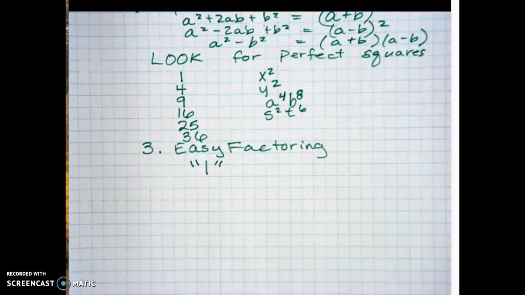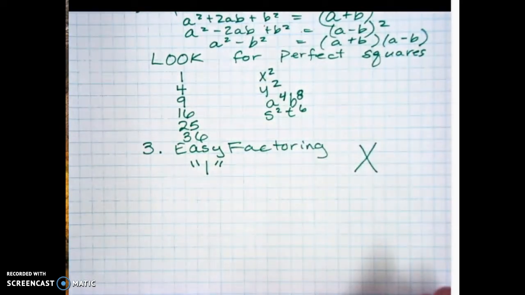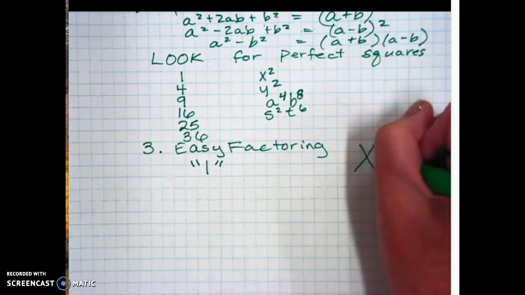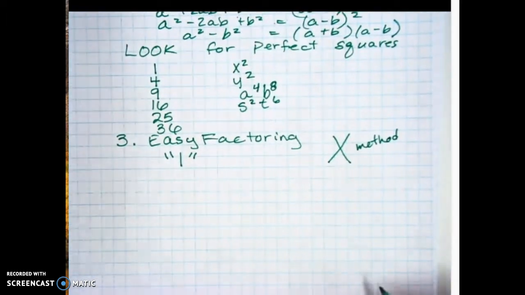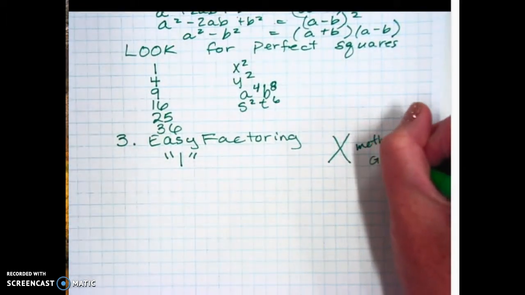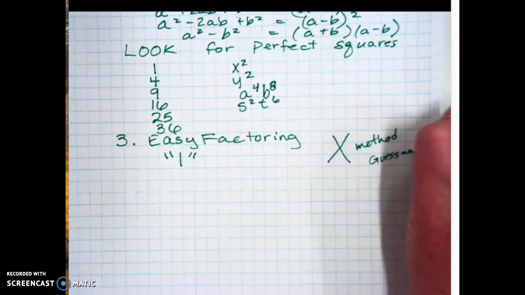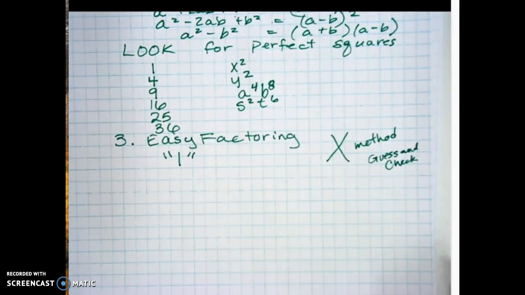It's going to look like there's no number there, but there's a 1 there, right? That makes them a little bit easier. I call these easier because you should just use the X method. Some of you don't even necessarily need to draw the X. You just do what I learned when I was in high school. You use guess and check, like your brain just automatically goes there.